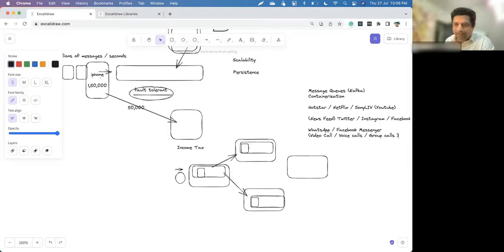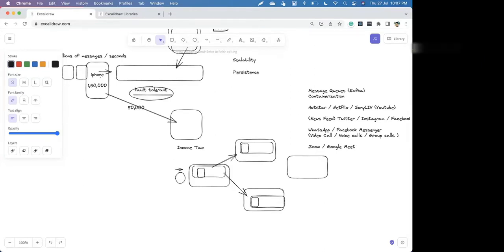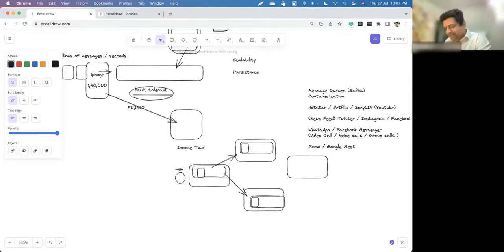Then if we cover all this, then we will have something like Zoom architecture, right? This is also similar. And group calls basically is Zoom or Google Meet, right? So these are various topics which we can touch upon. I can share some insights on these. And the same process we can apply, and these will be high level design.